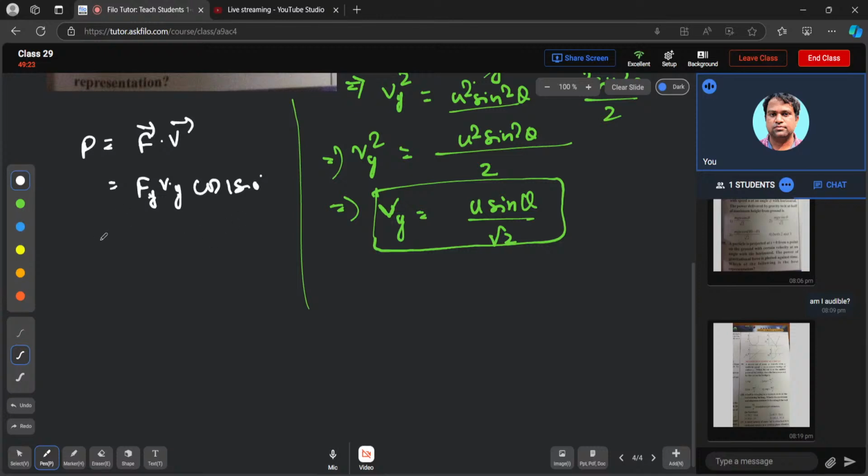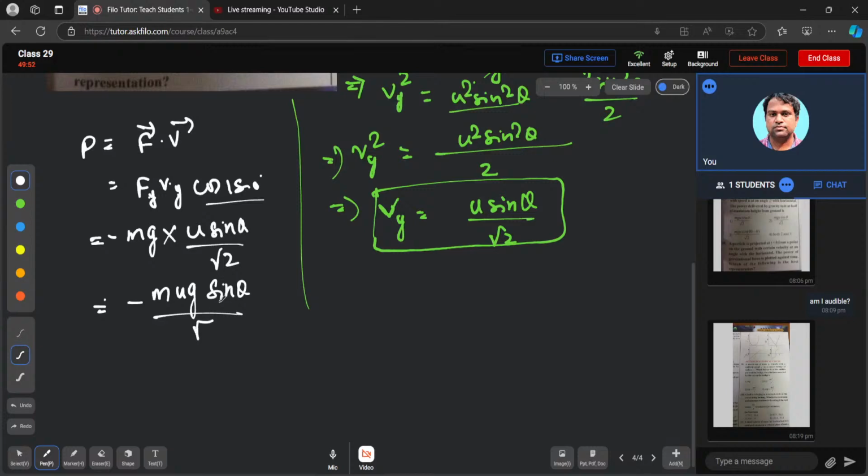So Fy is mg, Vy we got u sin theta by root 2, and cos 180 is minus 1. So what we are getting is minus mg u sin theta by root 2.